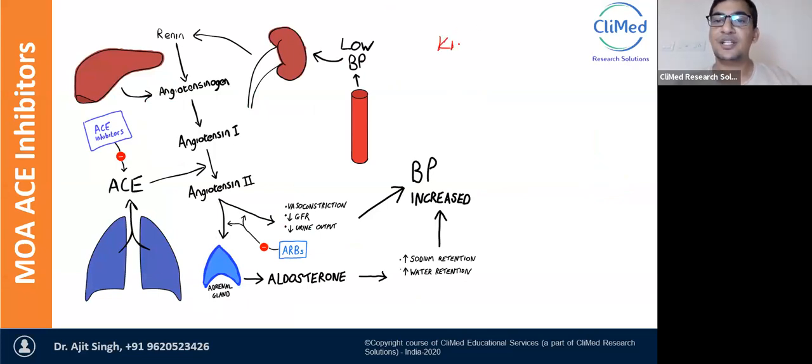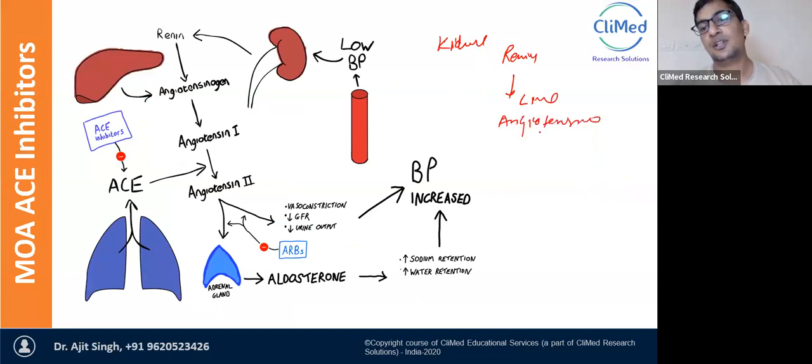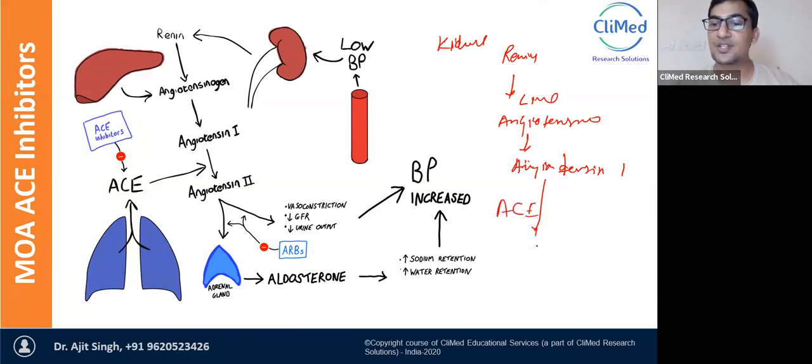From the kidney, renin goes to the liver, and it converts angiotensinogen into angiotensin 1, and then it goes to the lungs, and in the lungs, ACE converts angiotensin 1 to angiotensin 2. So ACE is angiotensin converting enzyme.